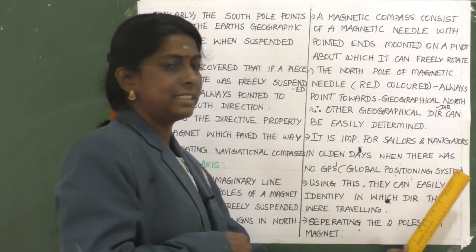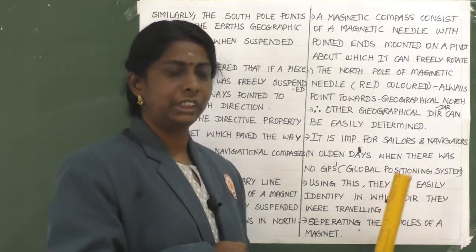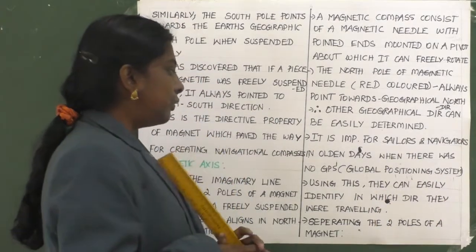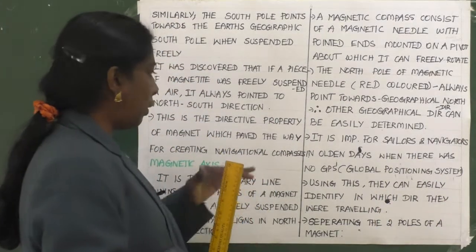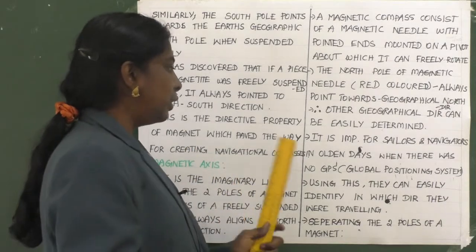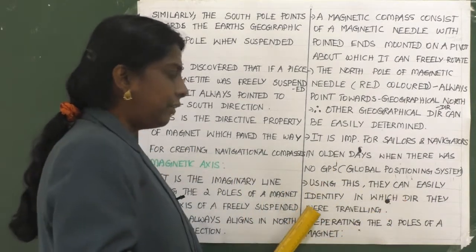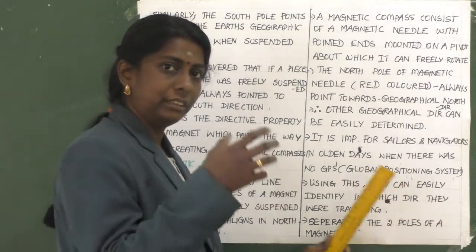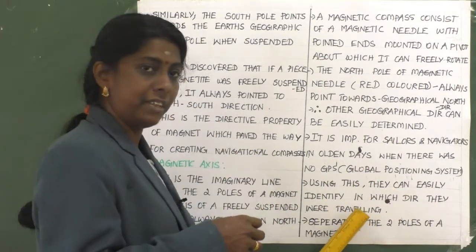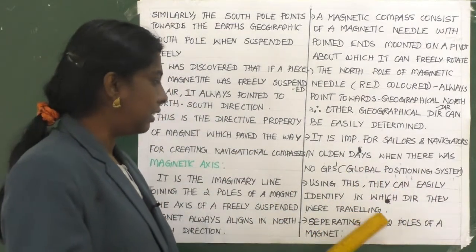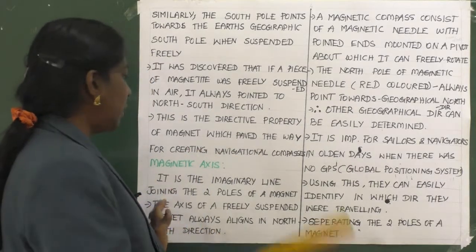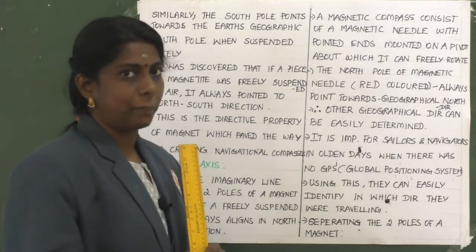Global Positioning System. So, with this magnetic compass, using this they can easily identify in which direction they were travelling. Clear? So, this is what about magnetic axis and magnetic compass.